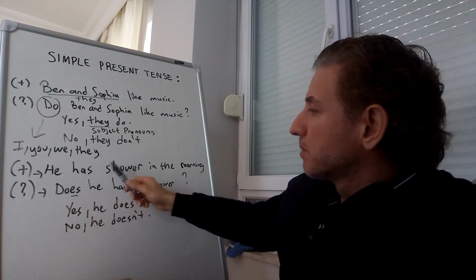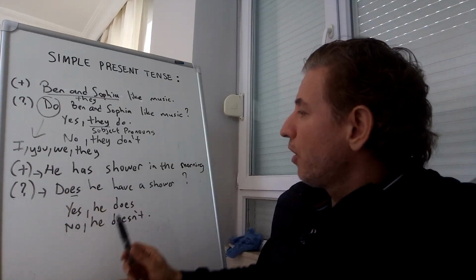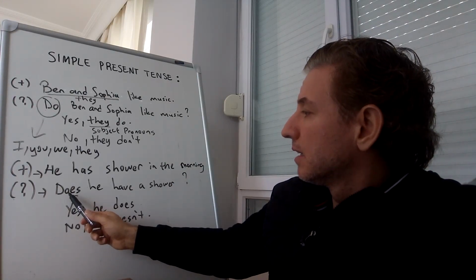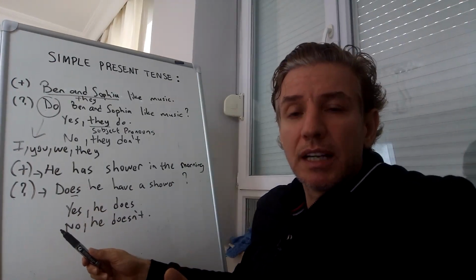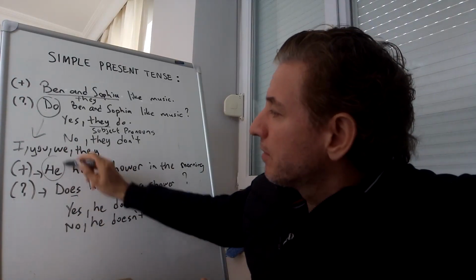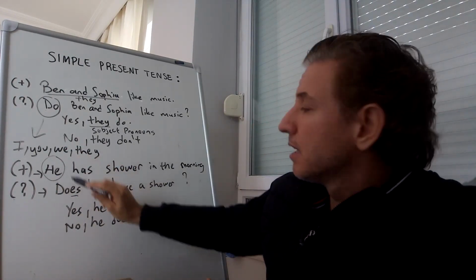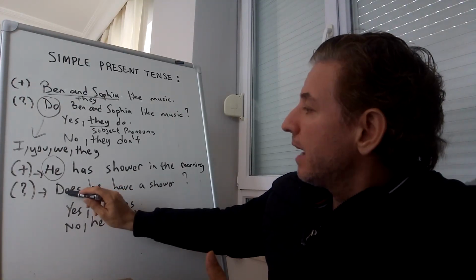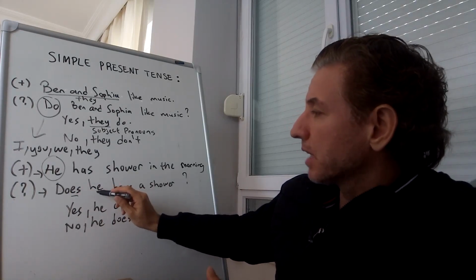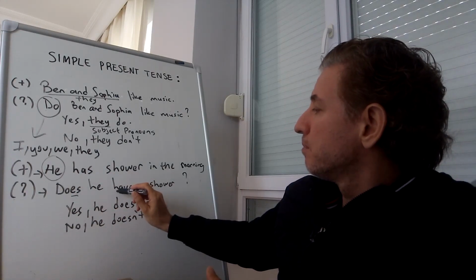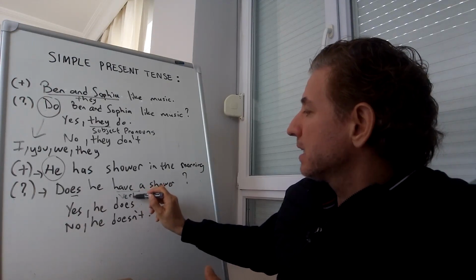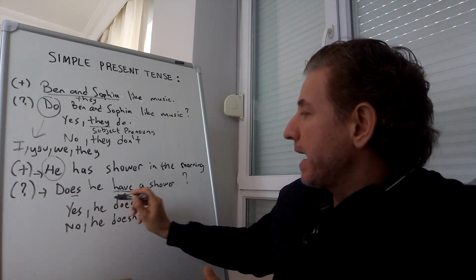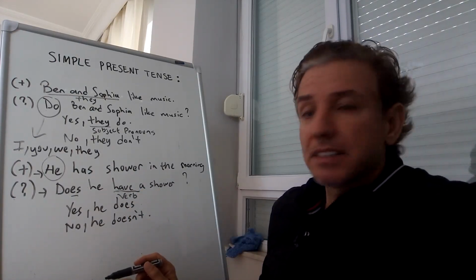So what are the differences between these two sentences? First, we put an auxiliary verb, does, here. How do we understand that we use does here? We look at the subject. If the subject is one of he, she, it, we use does, okay? We use does at the beginning, in the first place. Then comes the subject, he, then comes the verb in base form without s.